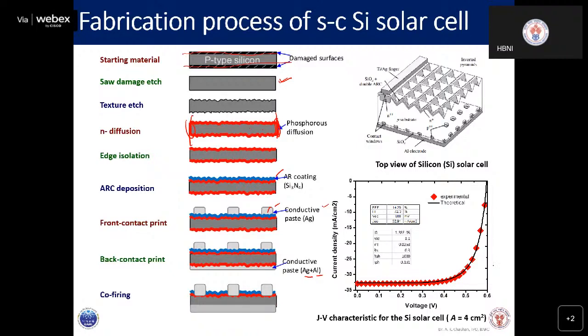So you get a curve like this in silicon solar cells. You get nearly 30 to 35 milliampere per centimeter square current, and about 600 millivolt of open circuit voltage. The efficiency here is nearly 14.5% for this one.